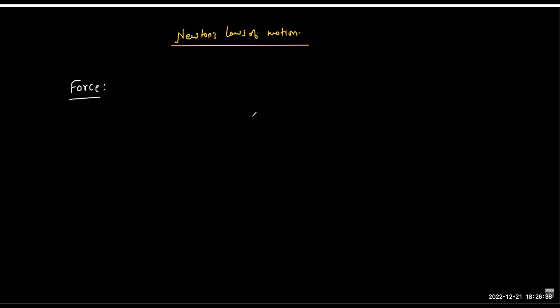Now, when we as human beings apply force, we are not the force. If a person is pushing some object, that person is not force. The person is called the agent of force. So one should not be confused between agent and force.